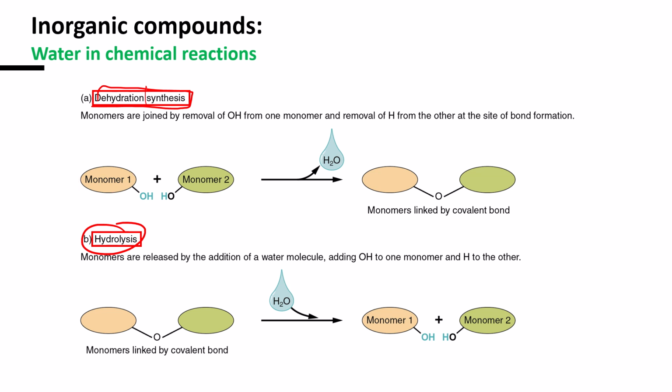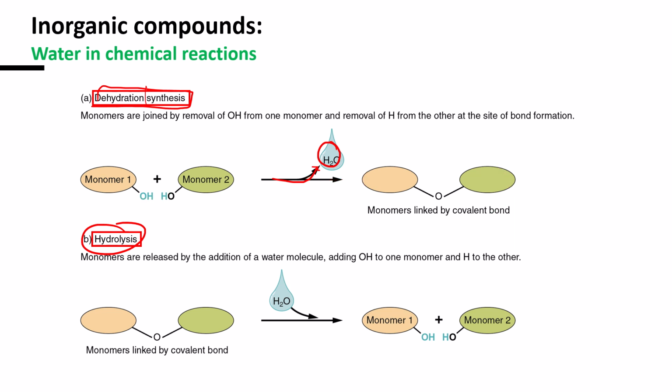So we have two substances. If you put those two substances and apply heat, or you have a way to dehydrate, that means that this specific hydrogen from monomer 2 and this hydroxyl group from monomer 1 will separate and form H2O. Then these monomers will form a synthesis reaction.